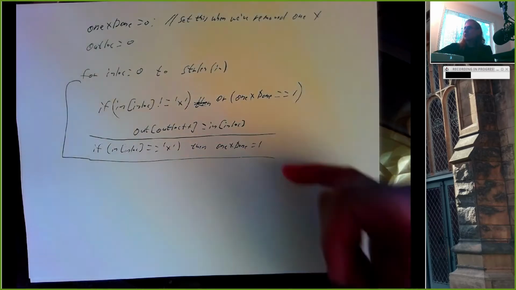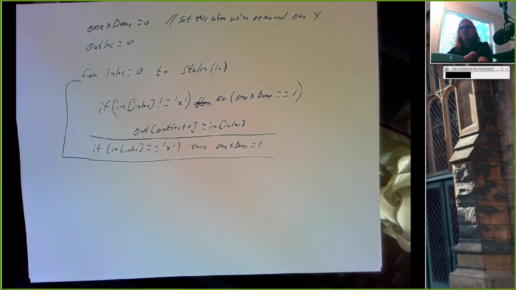And we would need to be a little more careful with this line, but for us, we don't care. We just want to know, have we seen an x? All right, any questions about that?